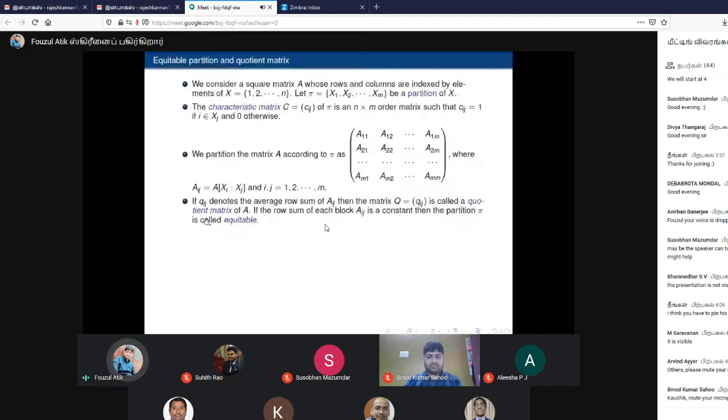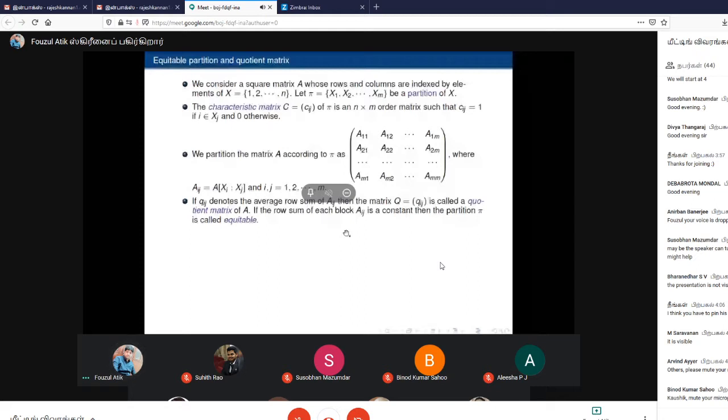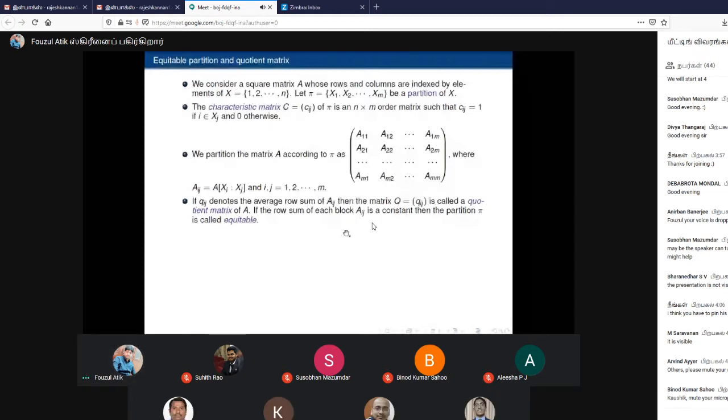Then in this way, we get m times m numbers Q_ij, and the matrix Q is called the quotient matrix of A. Its entries are the average row sums of each of the blocks, Q11, Q12, and so on.